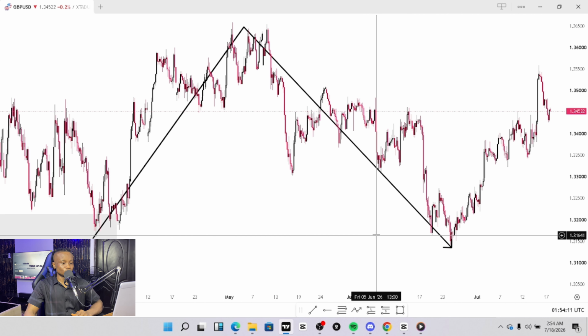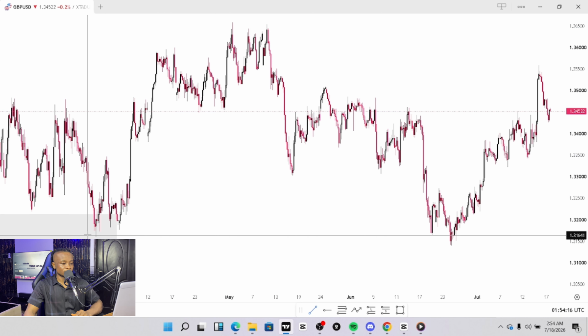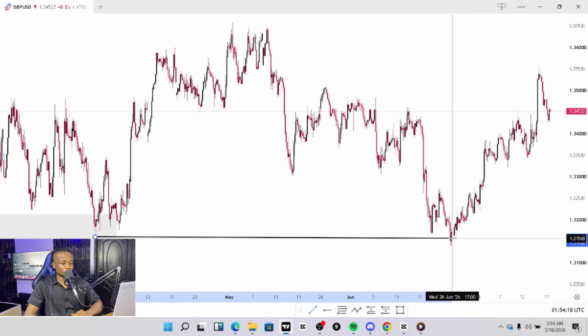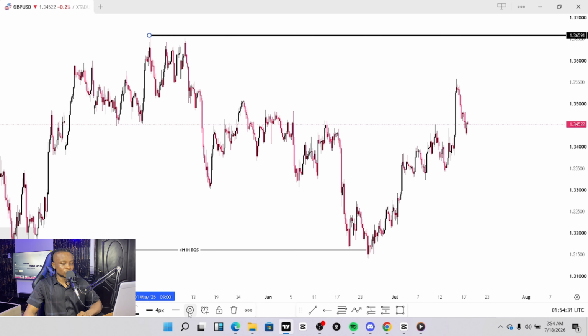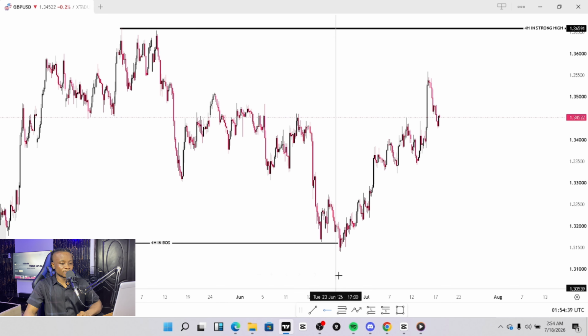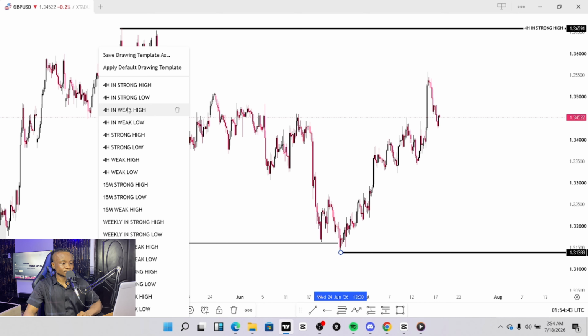Okay, so the substructure is bearish, so we'll mark it as an internal break of structure, and this becomes our internal strong high, and this becomes our internal weak low. This is the substructure we are trading. We are looking to trade on GBPUSD.